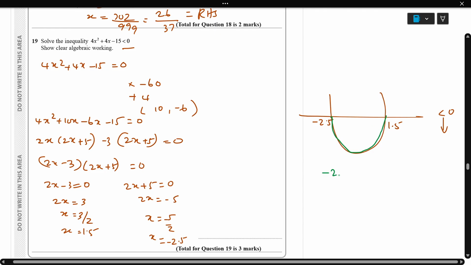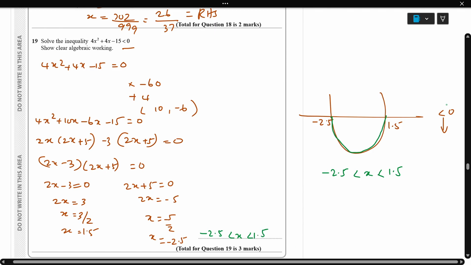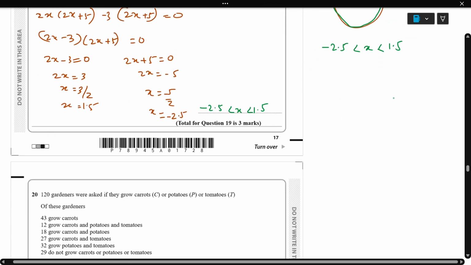So minus 2.5 less than x less than 1.5, strictly less than, no equal to. If it's greater than 0, we have to see above the line, which gives two different inequalities, so it's not a continuation. Here, down is a continuation.